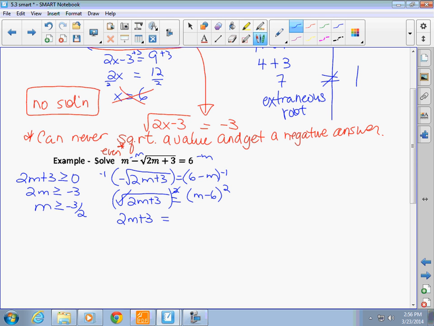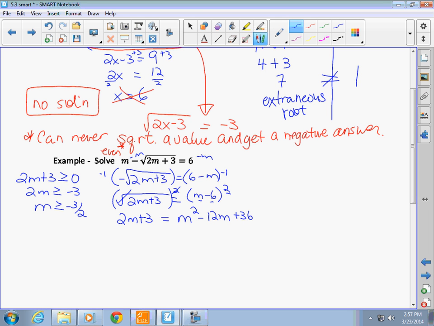The short trick way of squaring this is you square the first term, so that's an m squared. Then I take each of these values, the m, the negative 6, and the 2, and multiply them together. So m times negative 6 times 2 is negative 12m. That gives me my middle term. And then I have to square my last term, so negative 6 squared is positive 36.